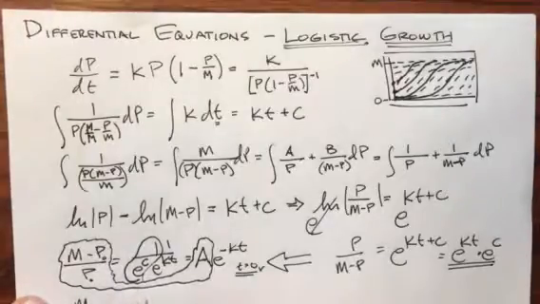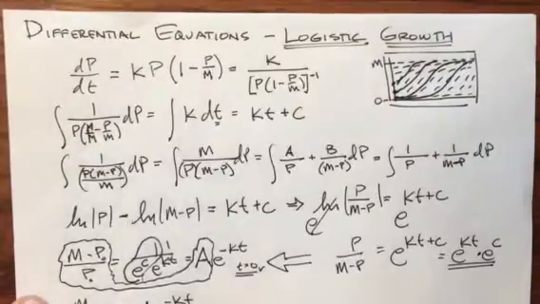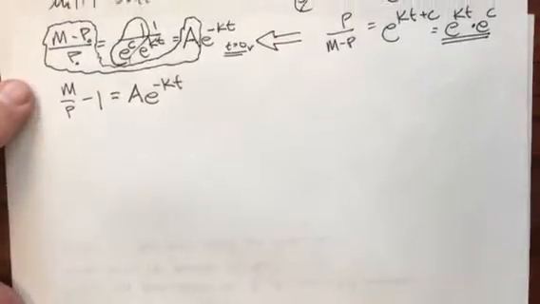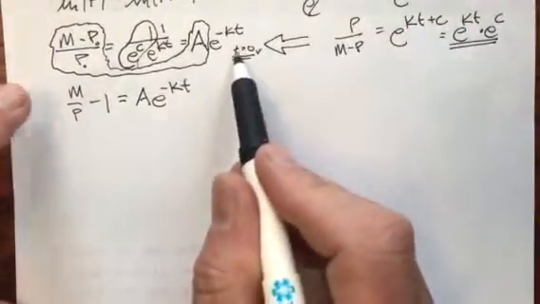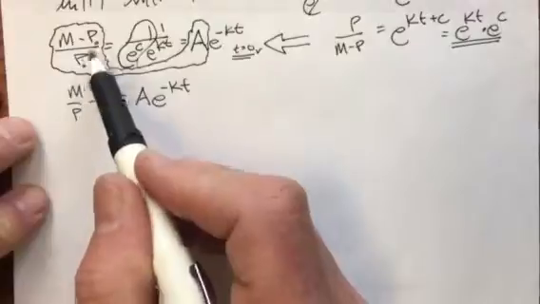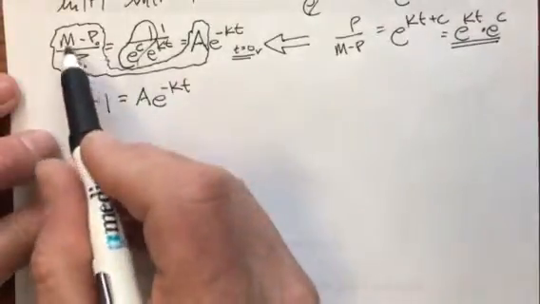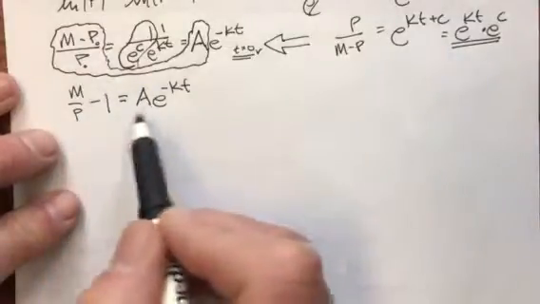That's going to be equal to this a times e to the minus kt. You can see what I did is I got away from the t equals 0 condition. P is back to being our variable. We're solving for this. And I've divided p into m and p into p, and there we go.